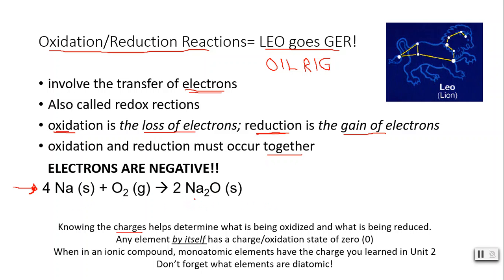So let's do that with this chemical equation along with a few other rules that I have listed here. Believe it or not, some of those rules you already know, which is that in an ionic compound, monoatomic elements have the charge of the particular group trend that we talked about. So for example, sodium, here's sodium right here.